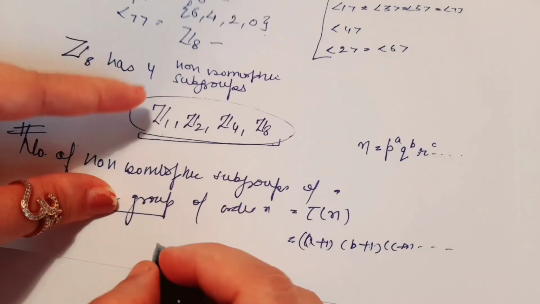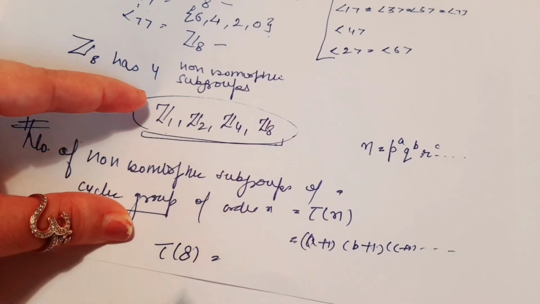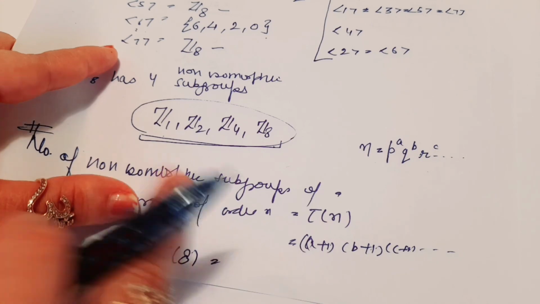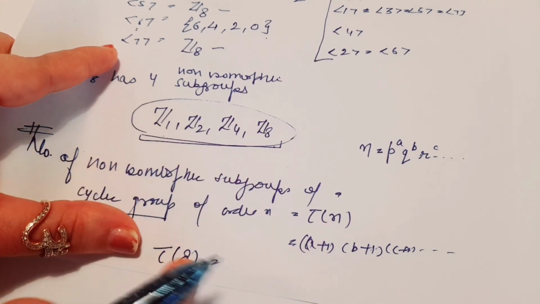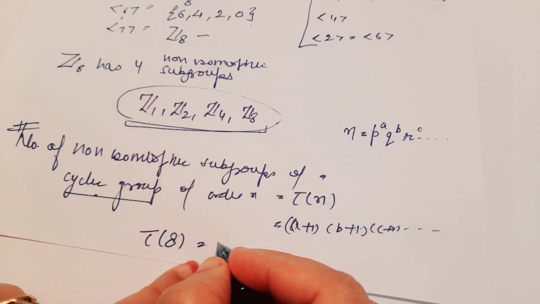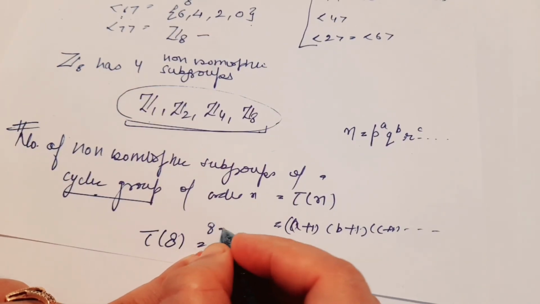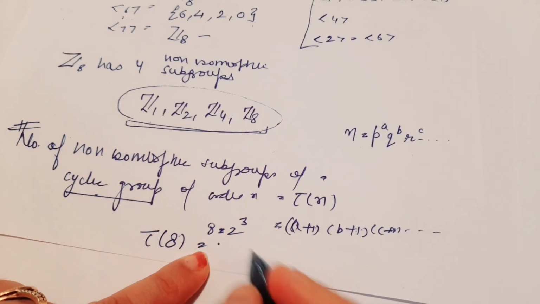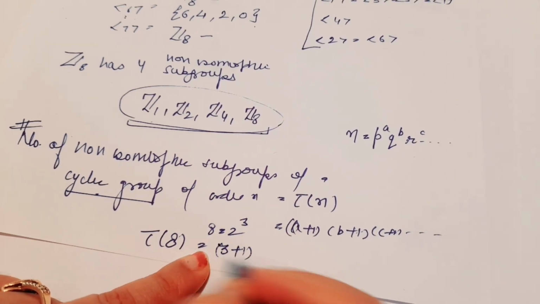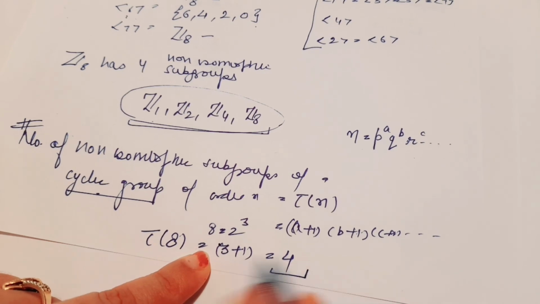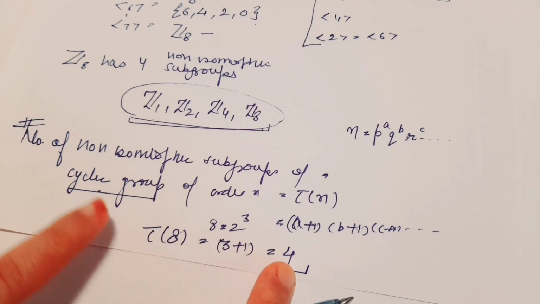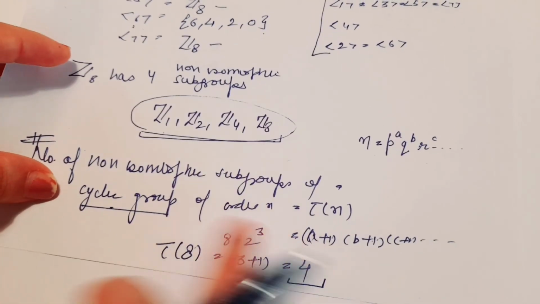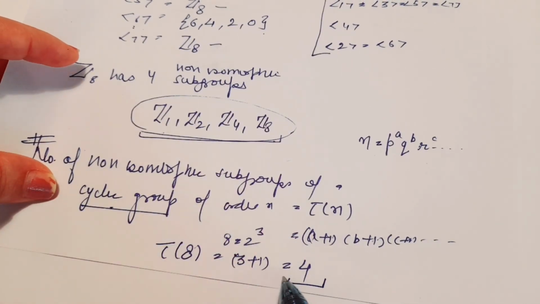So here we have tau of 8, because the order of the group was 8. We know that Z8 is cyclic and the order of the group is 8. So tau 8: 8 is equal to 2 raised to power 3, so tau 8 will be 3 plus 1, that means 4. So a cyclic group of order 8 has 4 non-isomorphic subgroups.